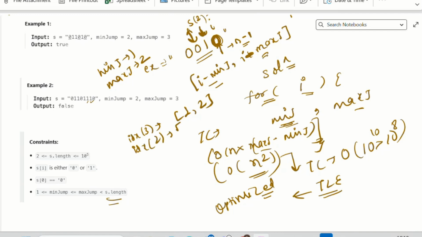So for the second index, my range will be 0 to 1. If you carefully see, if I go from second to third, I am adding one extra number into my range, decreasing one number from my left side and increasing one number on my right side.